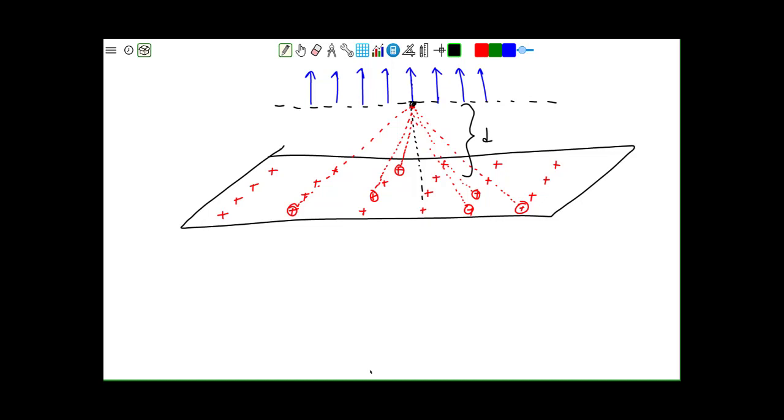Again, this plane is so big that actually the electric field is going to be uniform due to this very long plane of charge. And not only on the top of this charge do we have an electric field, but let's not forget underneath as well.